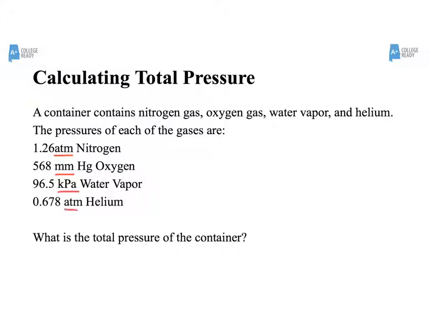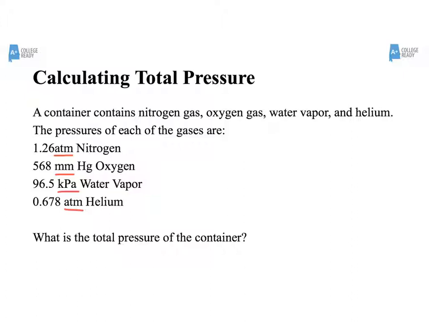And if they are all in different pressure units, we need to make them all become the same units. So we have to convert them all to the same unit. Because two of them are in ATM, I'm going to go ahead and convert the other two to ATM. But the question may ask you, well, what's the pressure in a certain unit? So you have to convert to that unit. But let's go ahead and do the conversions.